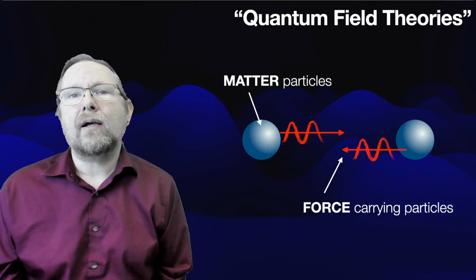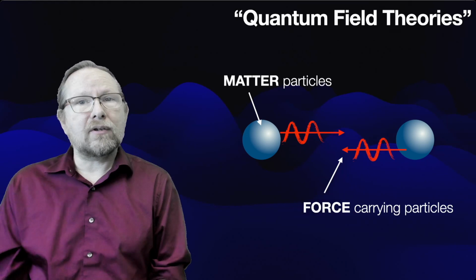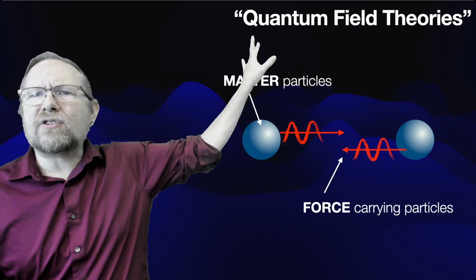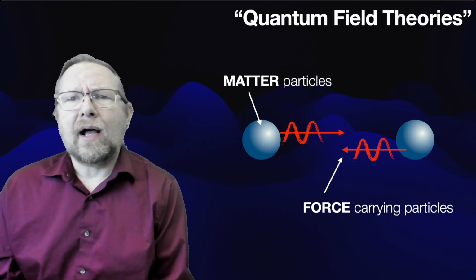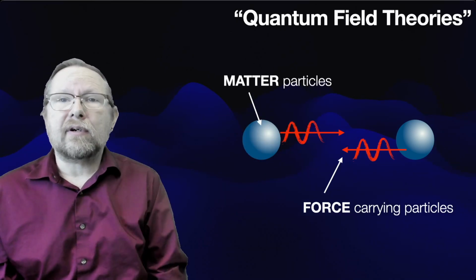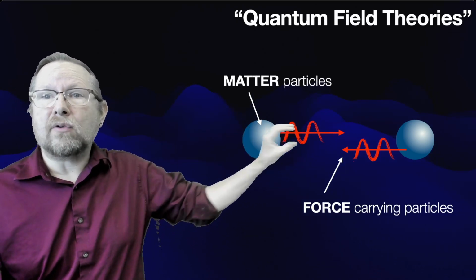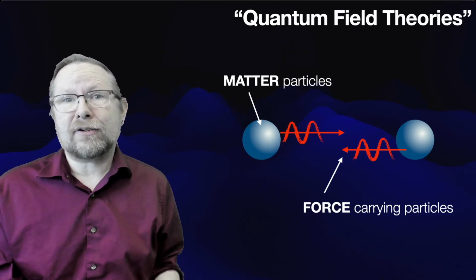A photon of light you can think of as a force-carrying particle, a force-carrying bundle of energy of the electromagnetic field. Quantum field theories arose in the 1950s or so, and this particular quantum field theory that describes the interactions between electrically charged particles and the electric field or electromagnetic field is called quantum electrodynamics.